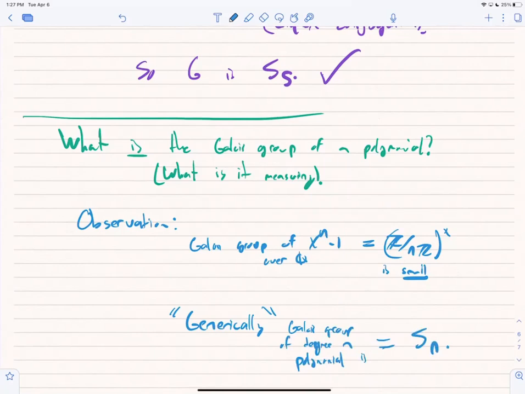What do I mean by this? Well, first, I've just argued that there are plenty of examples of degree n polynomials whose Galois group is a symmetric group, using this Frobenius mod p reduction trick.